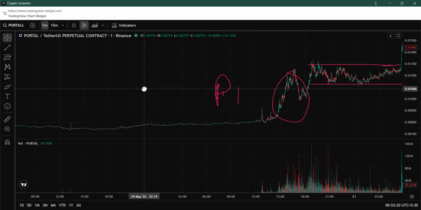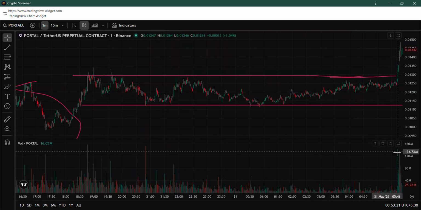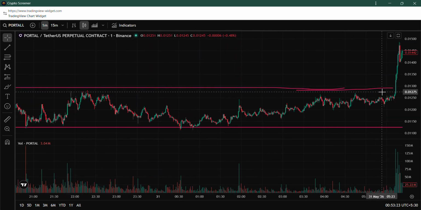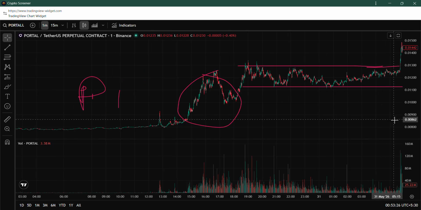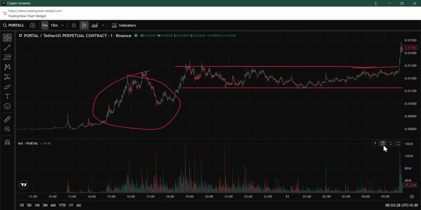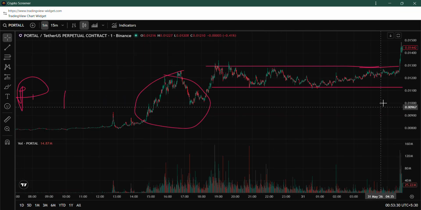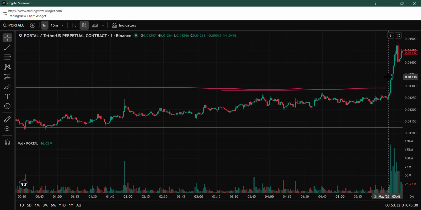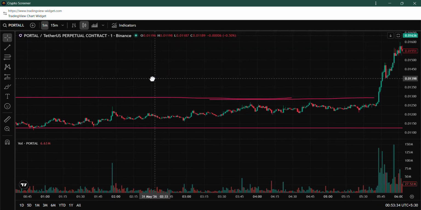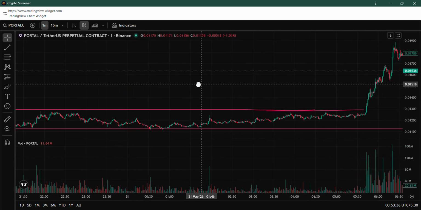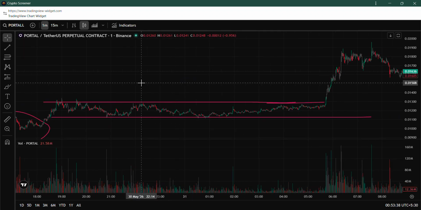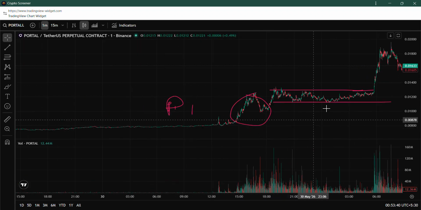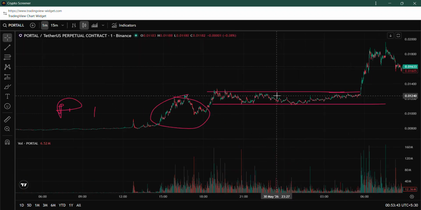And when the price breaks out upside from the range with increasing volume, you can see the volume is very increasing. So my entry is there, and I achieved my target here. So you can see what a big movement.